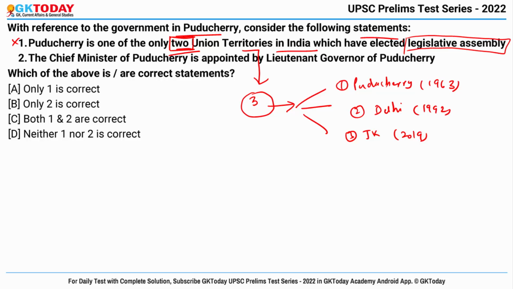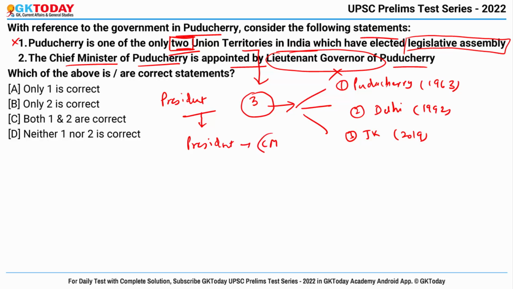And the second statement says the Chief Minister of Puducherry is appointed by the Lieutenant Governor of Puducherry. Actually, the Chief Minister of Puducherry is appointed by the President and not the Lieutenant Governor. And the other ministers are also appointed by the President on advice of the Chief Minister. And talking about the Lieutenant Governor, he or she is appointed by, again, the President.